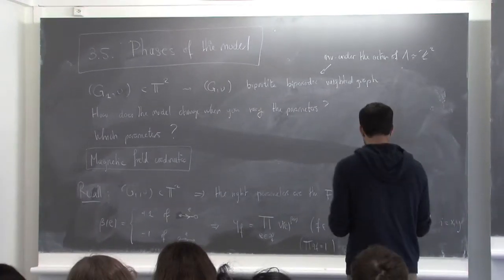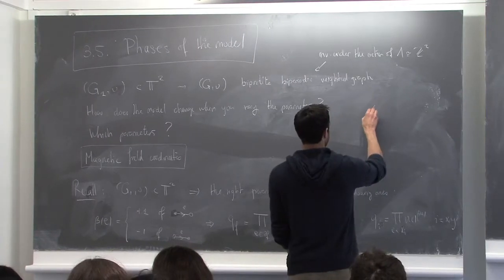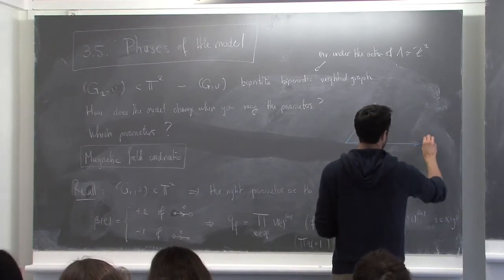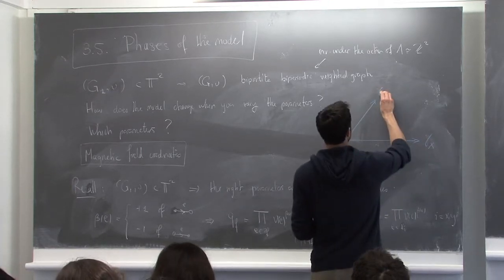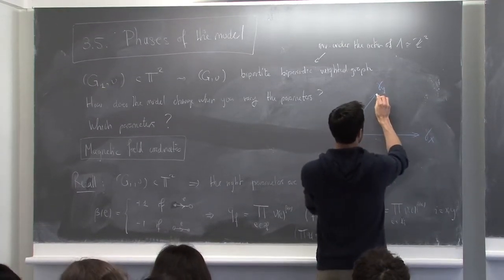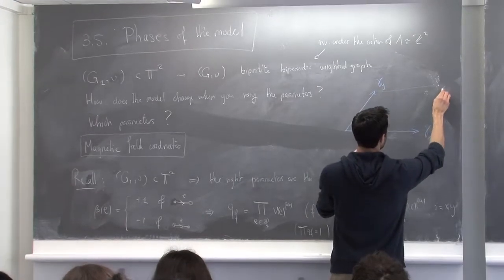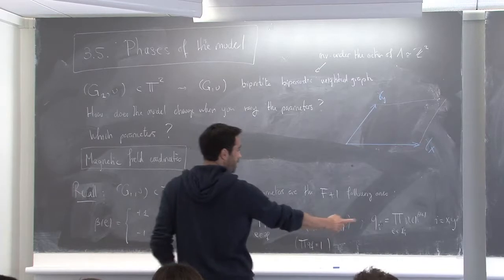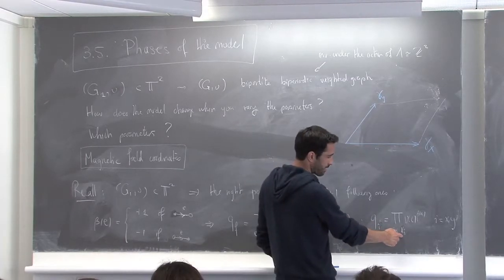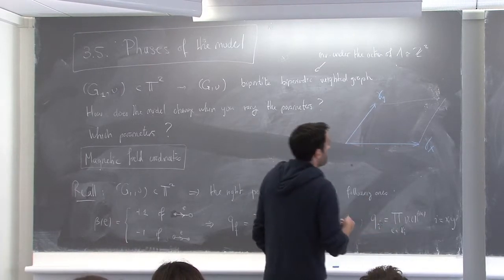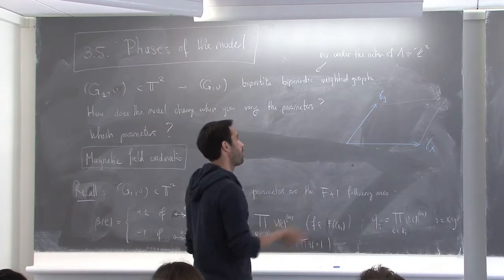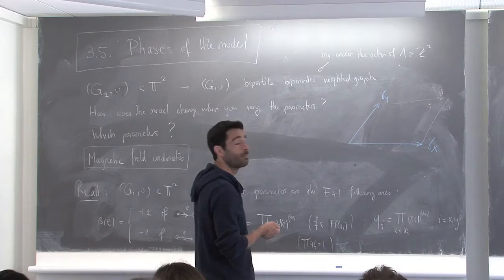And let me just recall how this goes. So remember, you have these two, that's the boundary of the fundamental domain. I need two alpha x, alpha y, two oriented cycles in the graph that induce a basis of the homology.